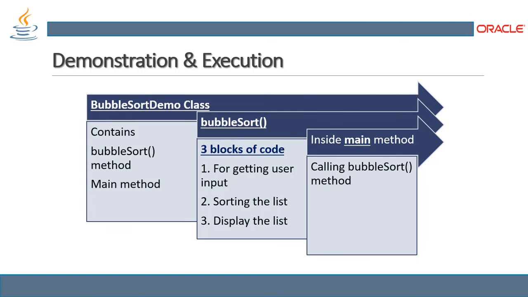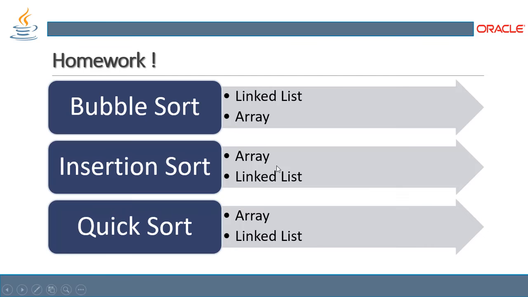So we have seen the demonstration and execution of the bubble sort algorithm and its implementation using arrays and for loop. Now it's homework time. We have seen the bubble sort implementation using array and for loop.